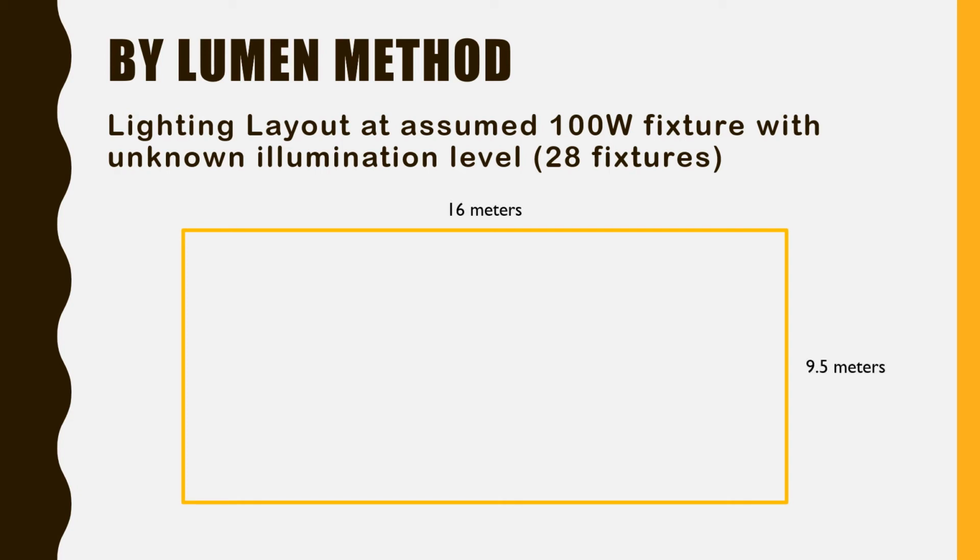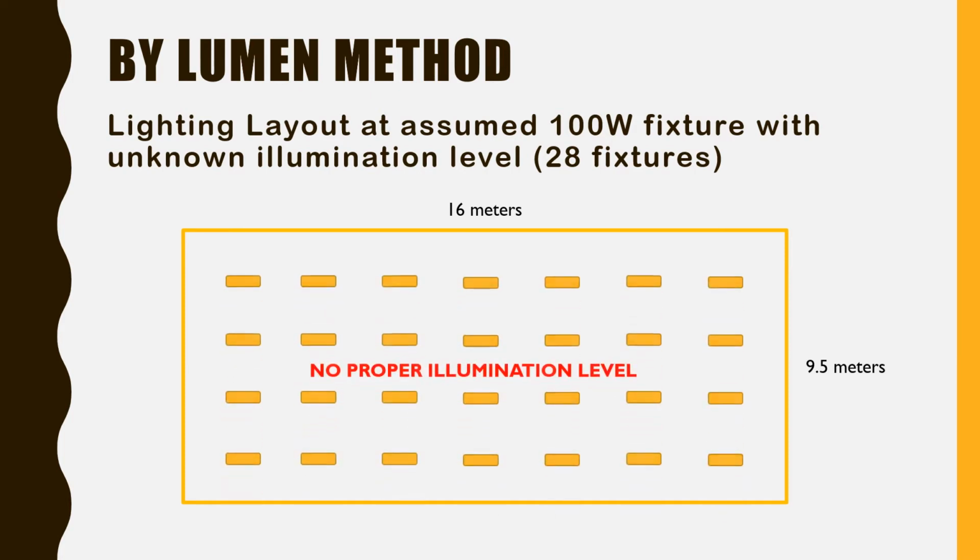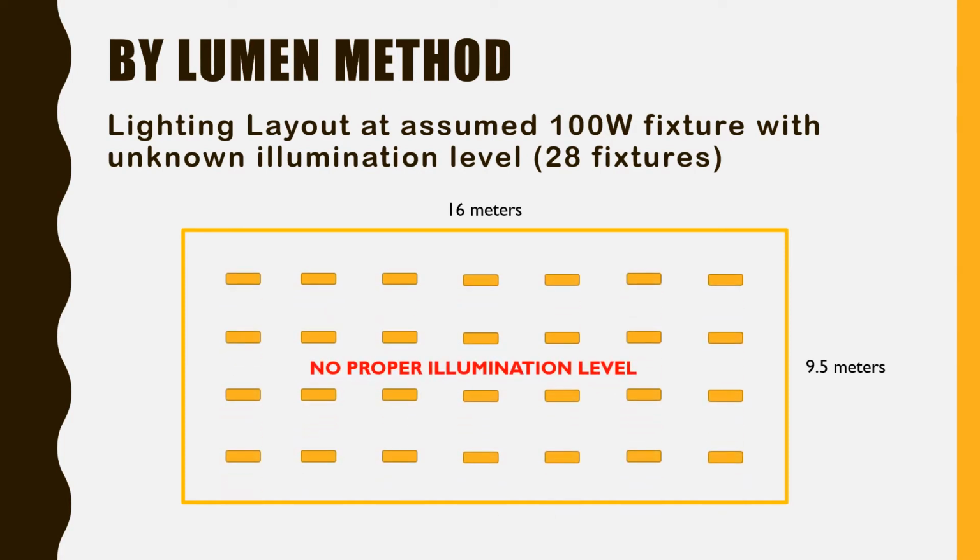So this is the assumed one. So let us see. So this is still a by area method actually, and we just show that there are 28 fixtures, so no proper illumination level. This is highlighted now.